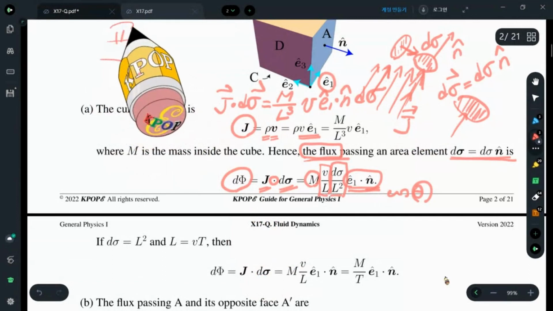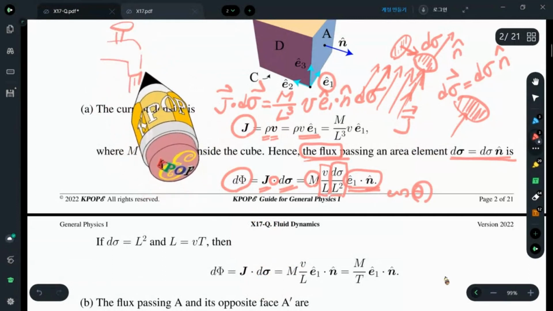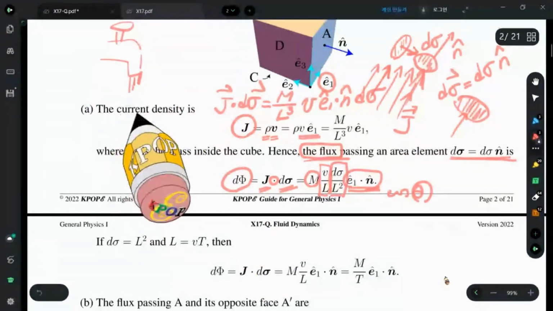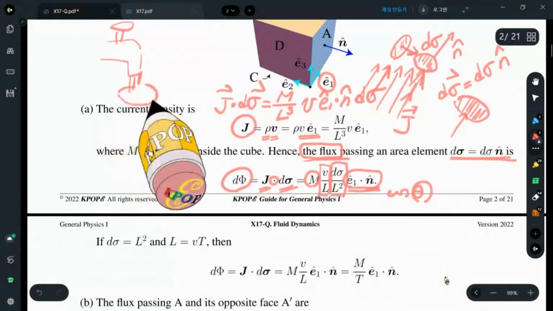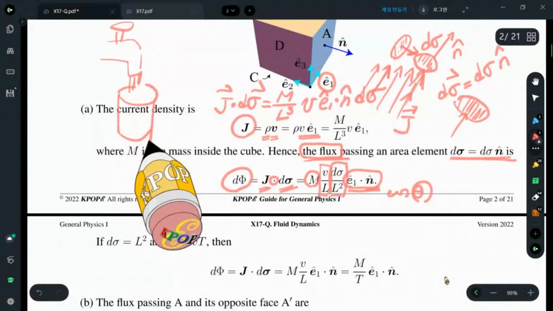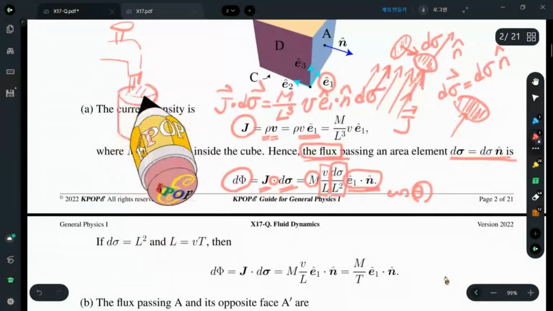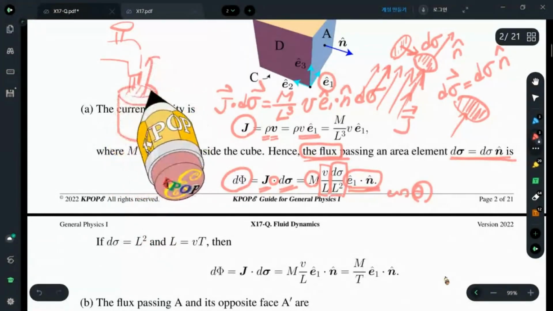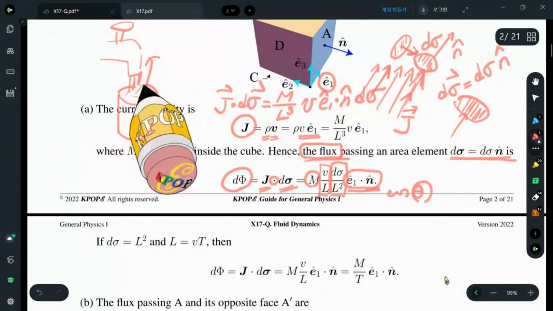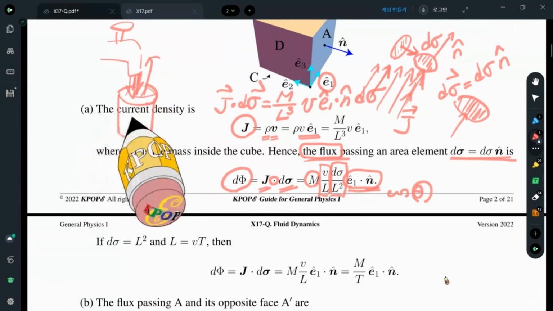If you want to drink water from a tap, you usually put your cup like this, so that the normal vector of the opening is parallel to the flow of water.